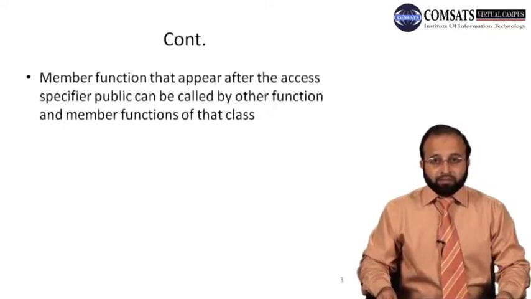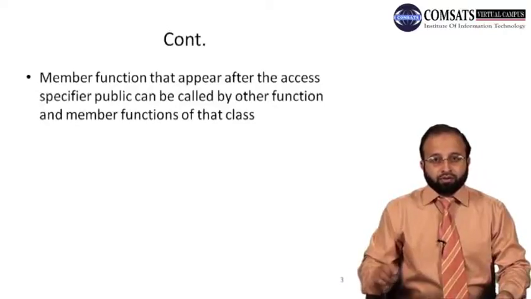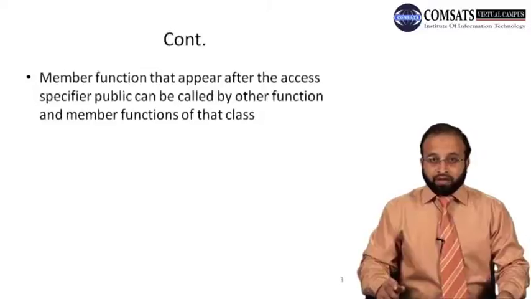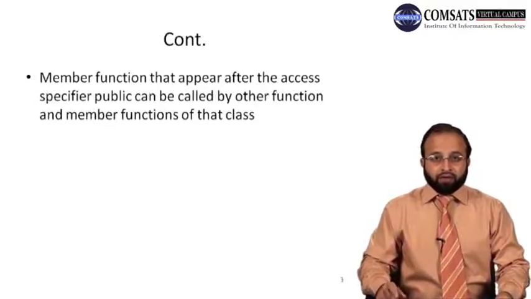If you remember the example that I showed you in the last lecture, I will show it here again in the next slide. There is the word public and then a colon, and then there is a function. This means that a function that comes after the public keyword is actually a public function. What does that mean? This means that this function can be called from outside the definition of the class.